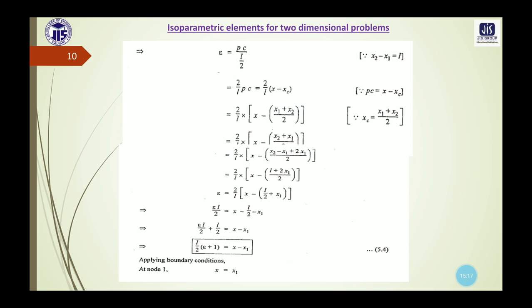As x2 minus x1 equals L, we can write that epsilon equals PC by L by 2, since instead of x2 minus x1 we have put the value L. So we get 2 by L multiplied by PC. This equals 2 by L multiplied by x minus xC.